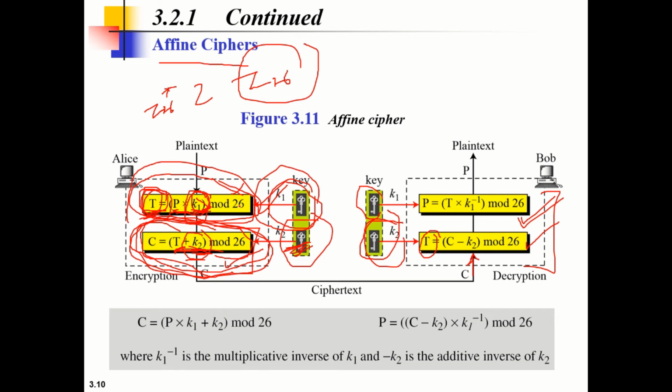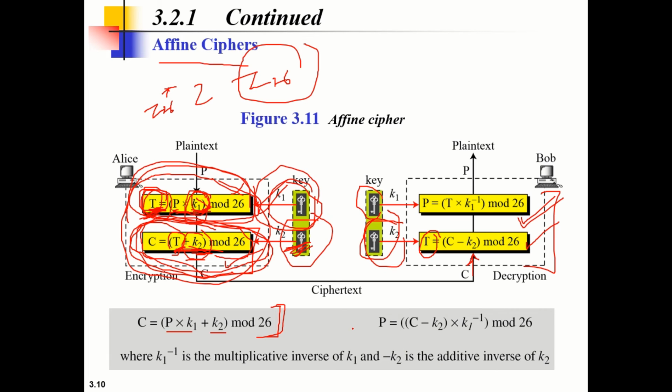These two expressions can also be written combinedly, and this is how we write it. We multiply first, and then we add the value of K2 to the result. Here you can see we are just adding K2 to this temporary result, the intermediate result T, and then we find the mod.